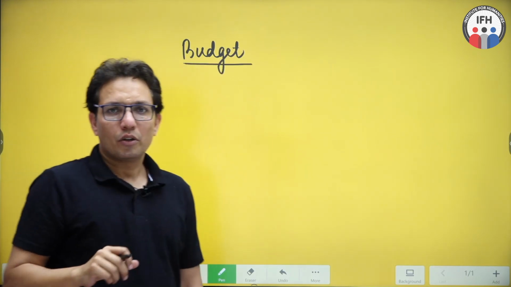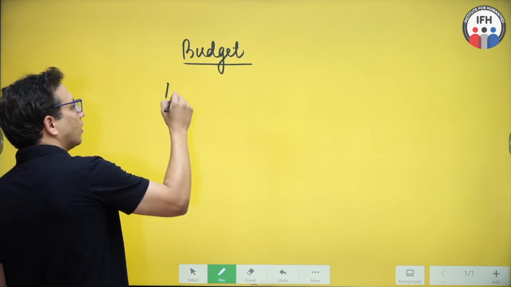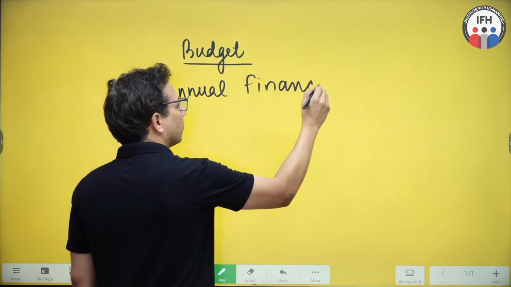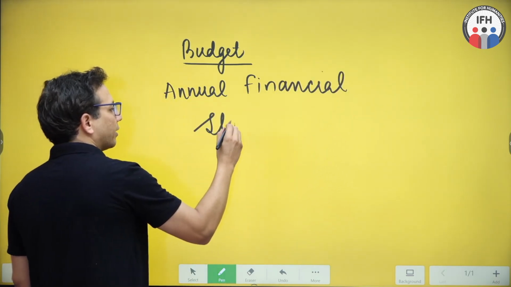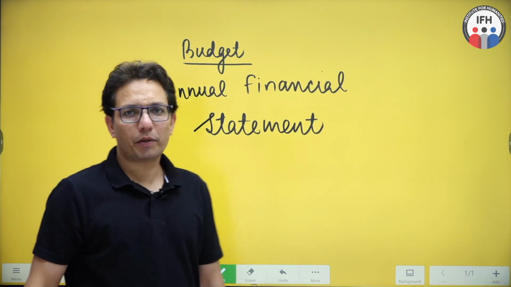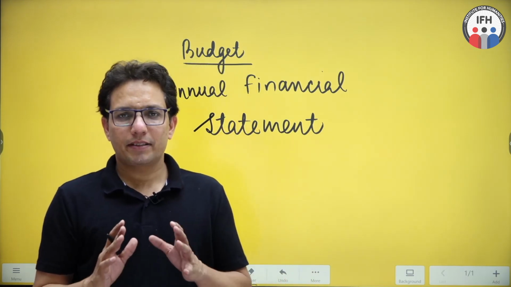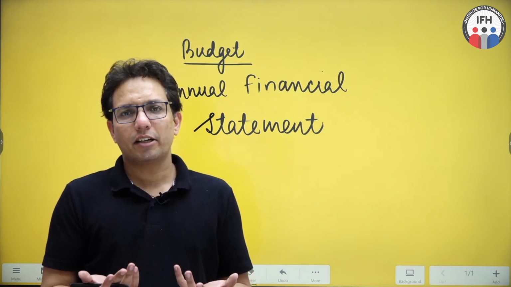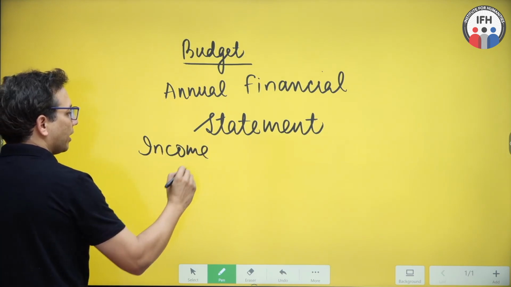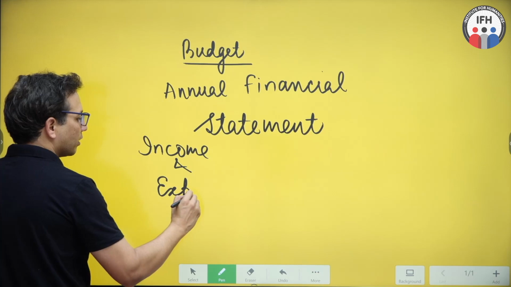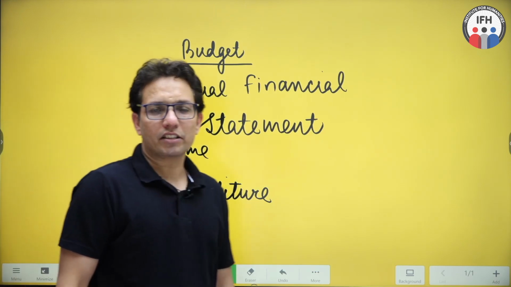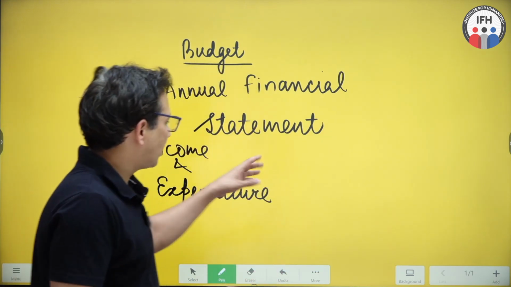So budget. Budget is the annual financial statement presented by the government, and this annual financial statement tells about the government's income and the government's expenditure.